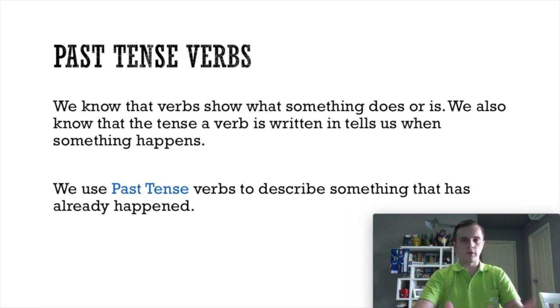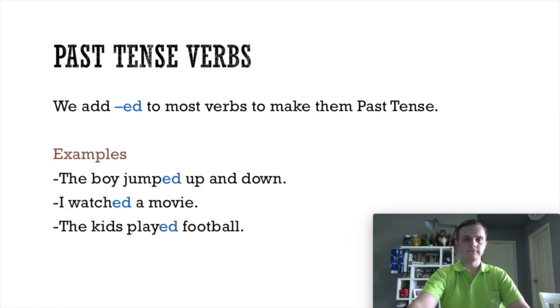So at some point before now, we use a past tense verb to explain something that's already happened. So usually making past tense verbs is pretty easy. Usually all you need to do is add ed to most verbs to make them past tense.